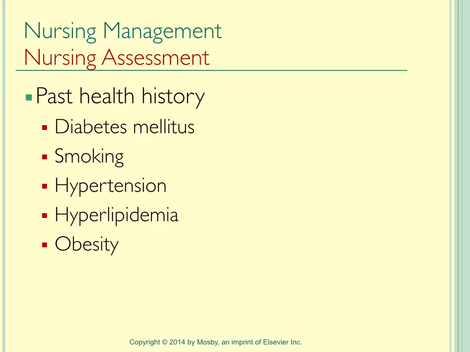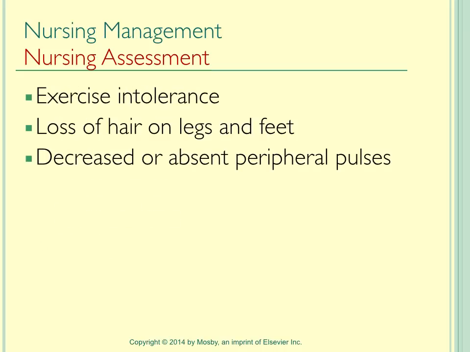So that's why. Nursing management, you need to know about their history: diabetes, smoking, hypertension, hyperlipidemia, obesity. Nursing assessment, you will see how far the patient can walk, exercise, and then any loss of hair on legs and feet, decreased or absent peripheral pulses.